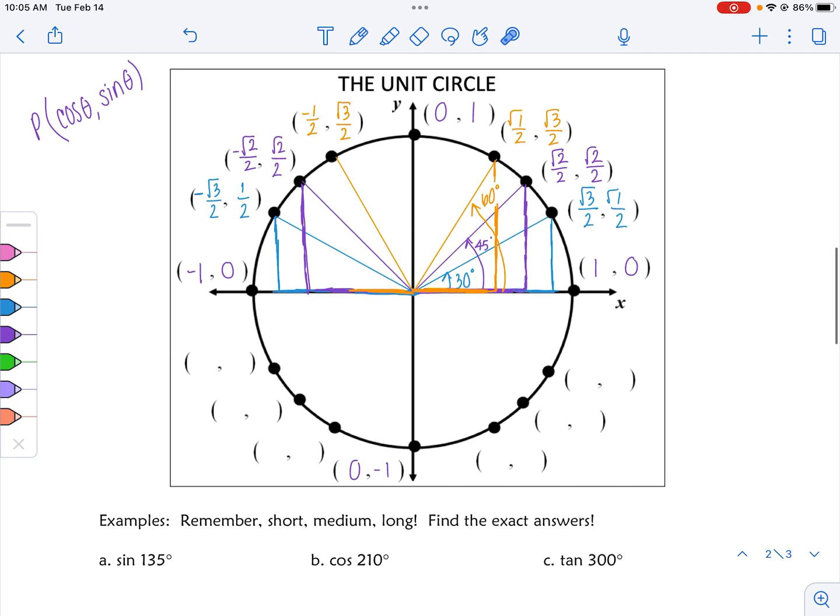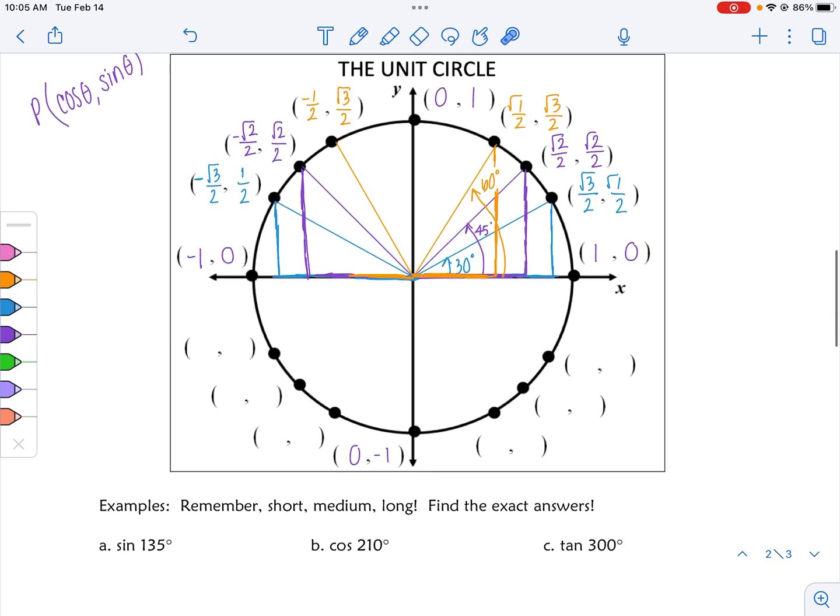So when I am going through this, sine of 135, I'm going to locate that on my graph. Always starting at the x-axis, I go 90, and I go 45 more, and I would land right here. This is 135 degrees.